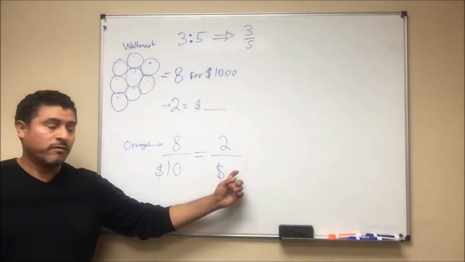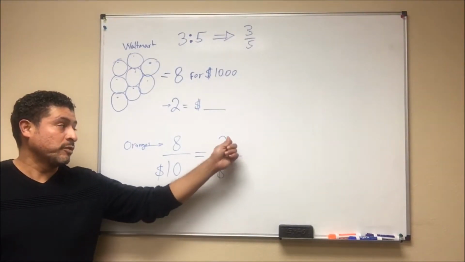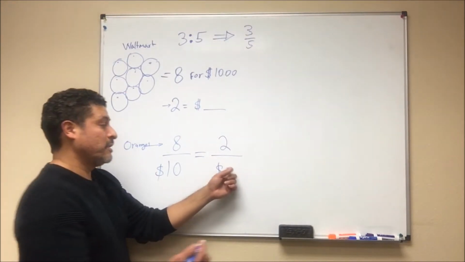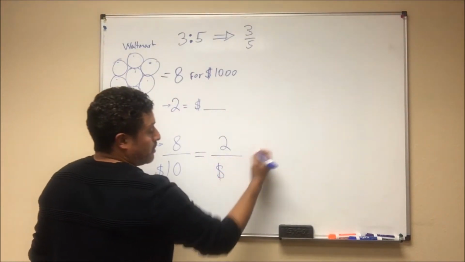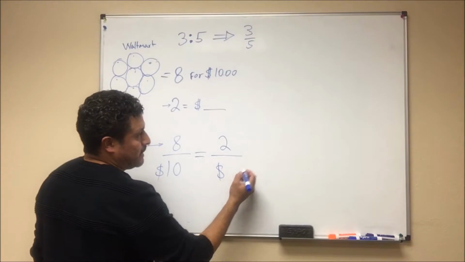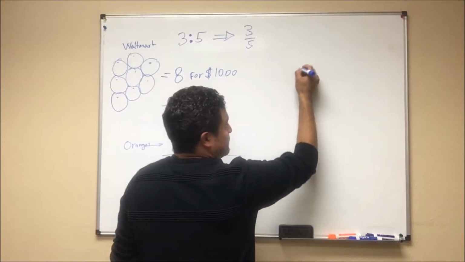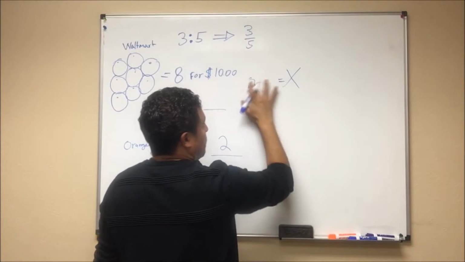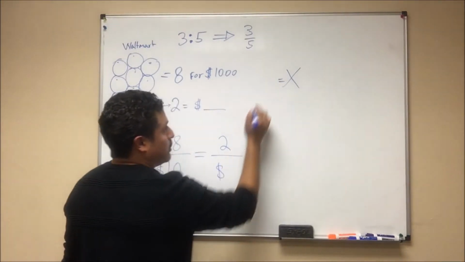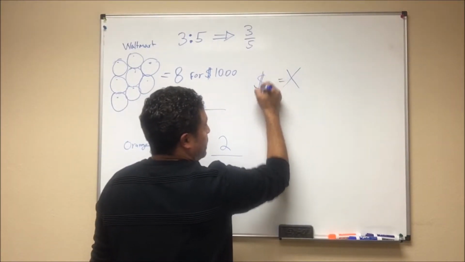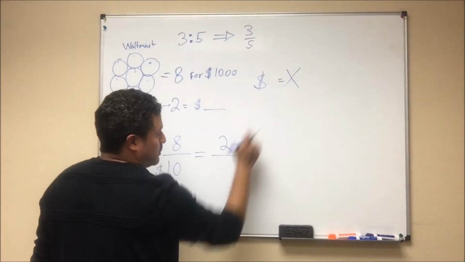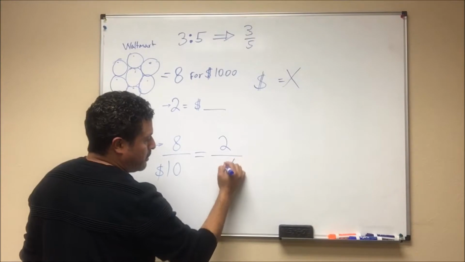We're looking for how much it costs you to buy 2 oranges, okay? And in algebra, they always call the unknown a variable. And they normally use x, the variable x, to represent the unknown. In this case, money. So I'm gonna go ahead and get rid of this one and just put the x here.